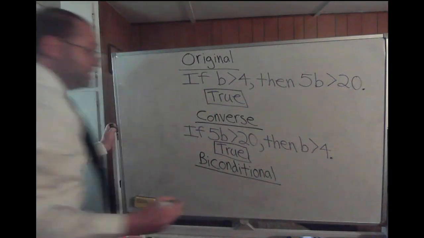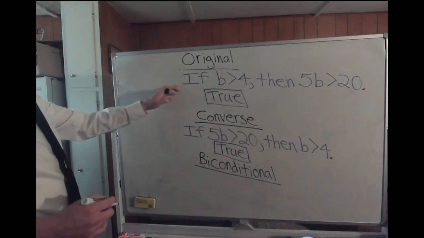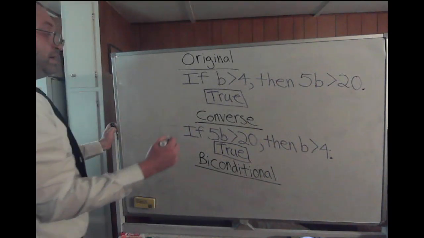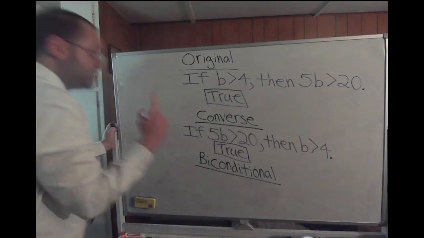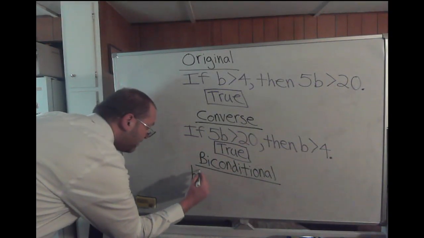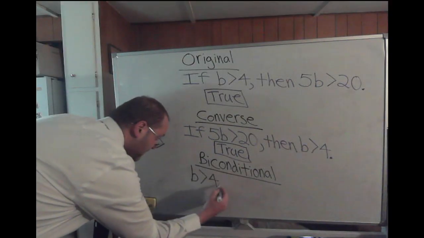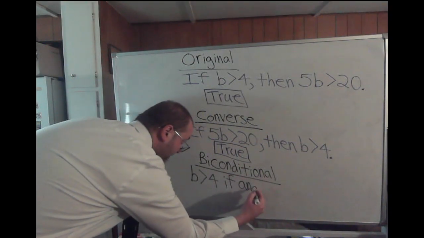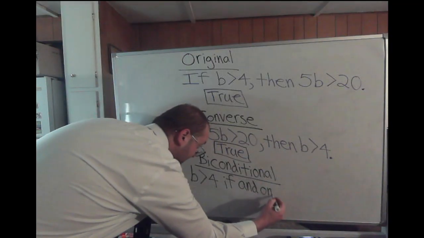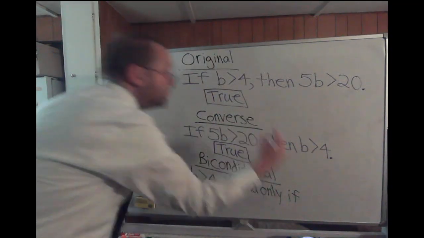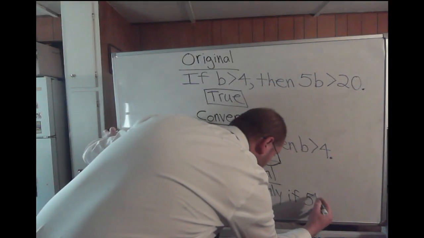The biconditional is going to take the hypothesis of the original. It's going to say b is greater than 4 if and only if 5b is greater than 20.